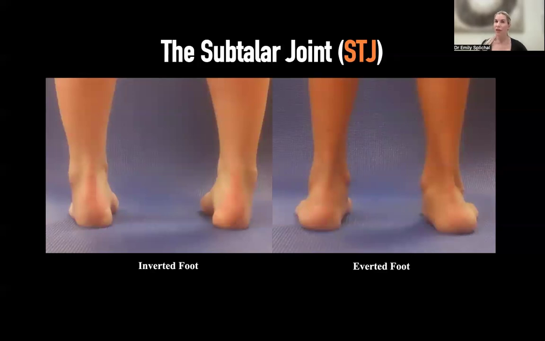Or if we are standing statically in a position like on the left, what I see when I look at this foot on the left is, yes, that is a high arch cavus foot with a supinated rear foot with a lot of pressure on the outside edge of their heel. They're going to wear down their shoes accelerated on the outside edge of their heel. That is going to increase the risk of ankle sprains.